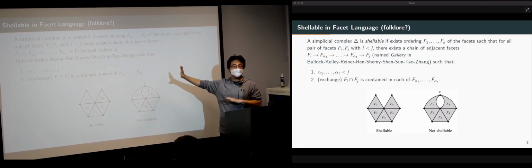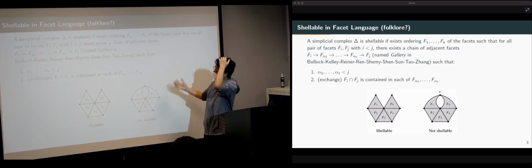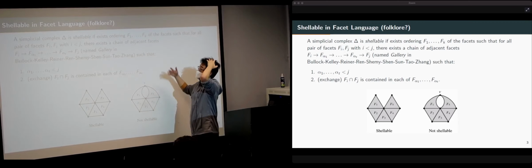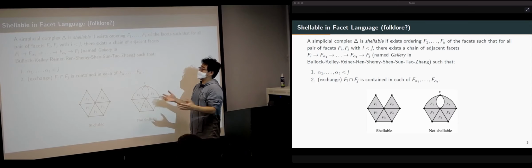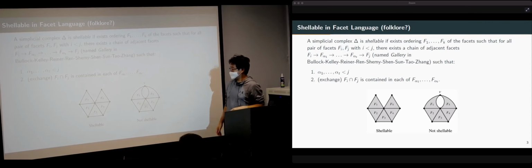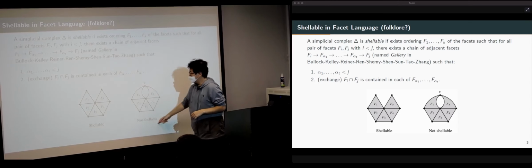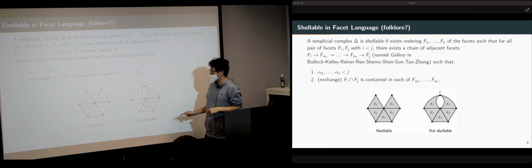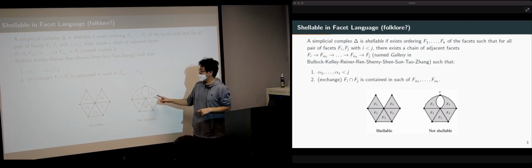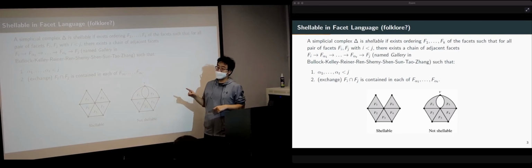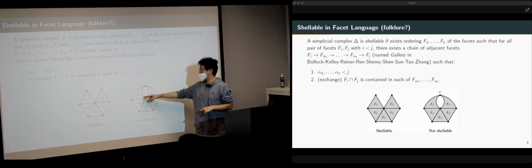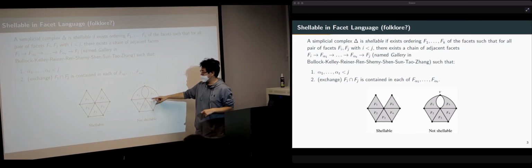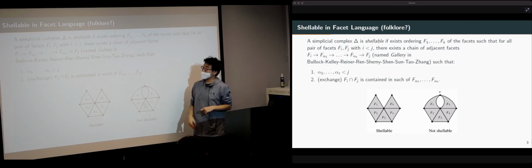Is that okay? So another way to check whether a complex is shellable or not is to see if your ordering of the facets satisfies this nice gallery connectedness property. That also helps us see that this is not shellable, because if it was shellable, you would need a chain of adjacent facets going from F1 to F5 while maintaining the intersection, which is impossible because all other adjacent facets have to go this way and they cannot maintain this vertex.